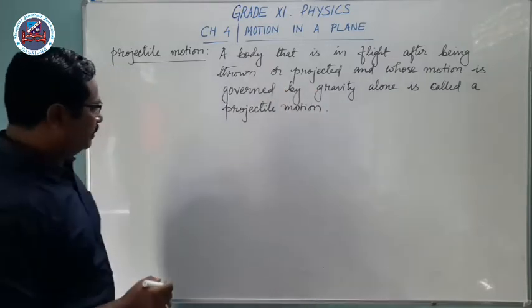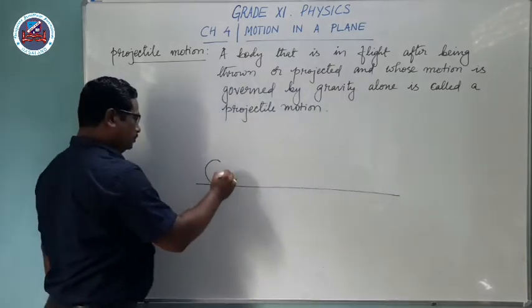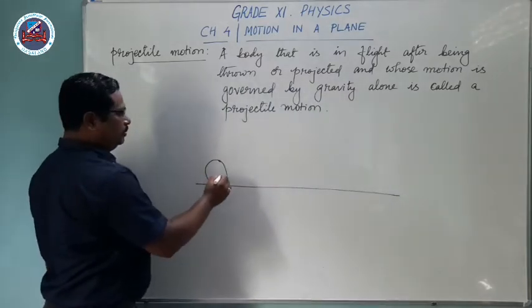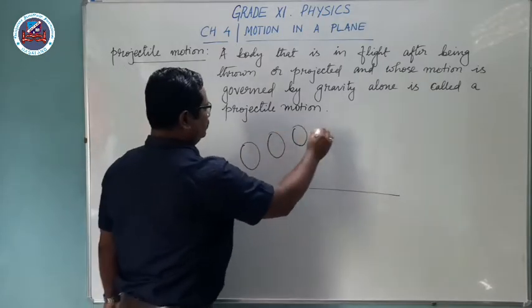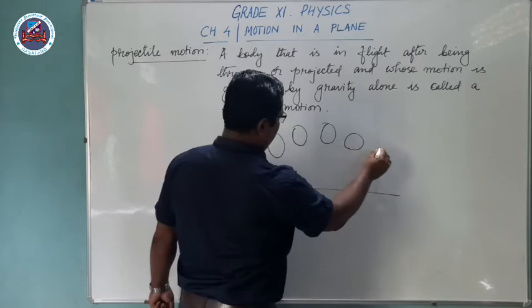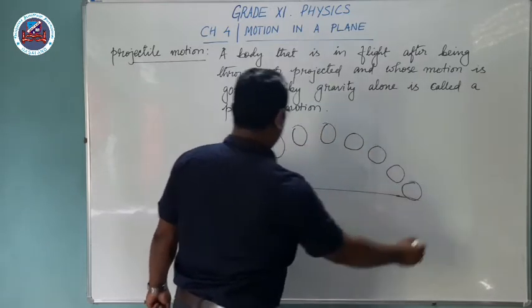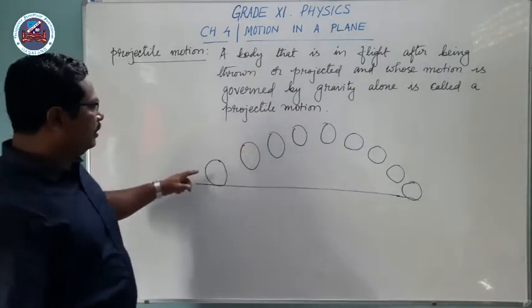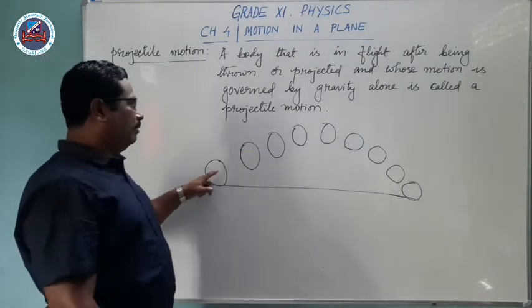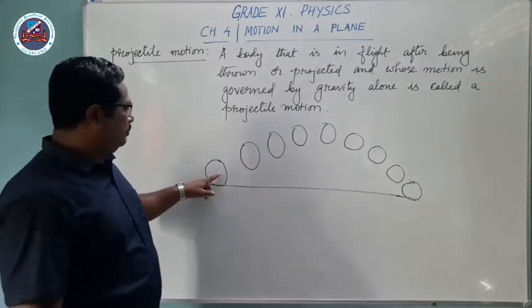Suppose this is the ground, this is a football, and somebody comes and kicks the football. Then we know that the ball will be in flight, and after that it will come down and fall on the ground. Initially you have to give some velocity. After that, no fuel is required for its flight.